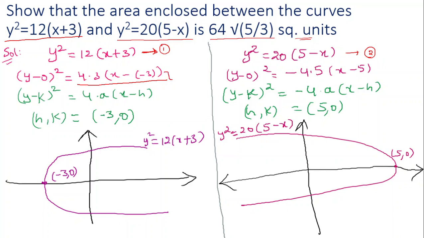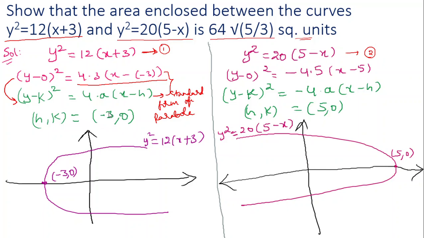Now this equation is in the form y minus k whole square is equal to 4a of x minus h, and we know that this is the standard form of parabola. If we compare these two equations, we get that the vertex h comma k is minus 3 comma 0.